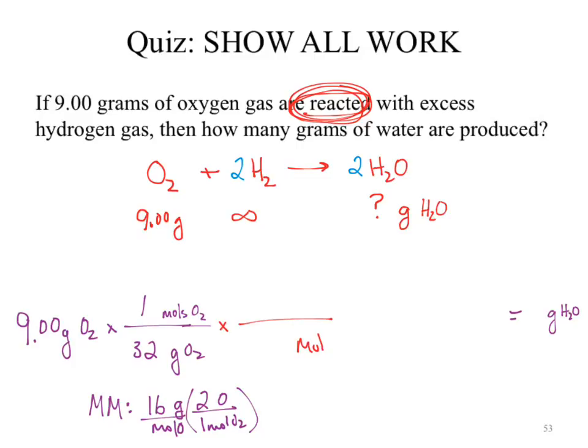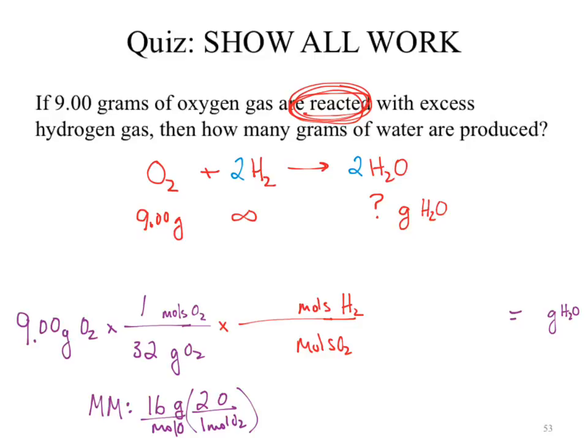So I want to get rid of moles of oxygen. Ideally, what do I want? Ideally, I'd want grams of water, but there is no relationship that shows between the substances' different units. So I can convert it to moles of H2. Yeah, I can convert it to moles of H2.